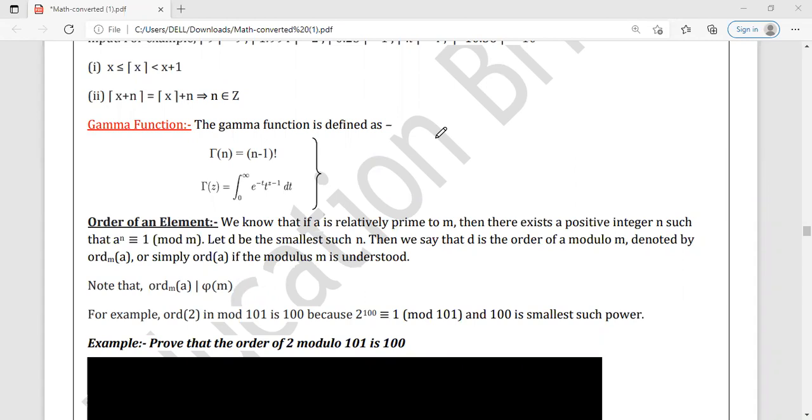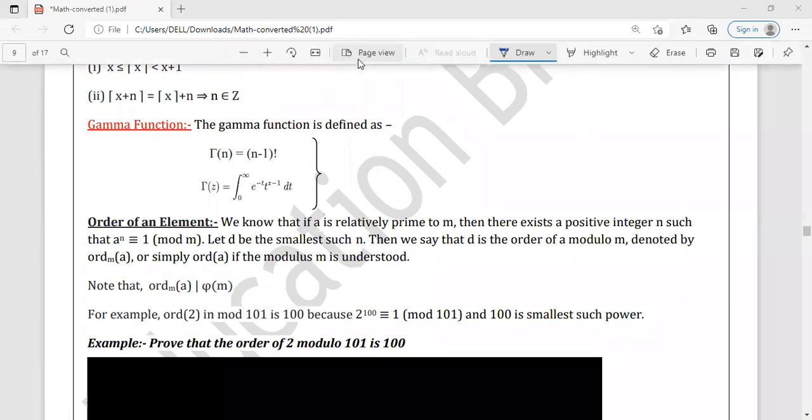You may give the answers in the chat, or I am allowing you to speak. Speaking is allowed, so you may also speak and tell me the answer.